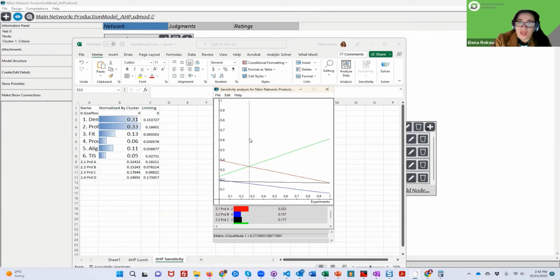In other words, as the priority that I pose to demand increases, how good a fit D is increases as well. So the more we care about the demand, the more we would like to produce product D. The less we care about demand, the more we would like to produce product A.